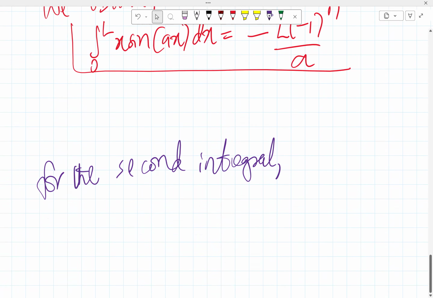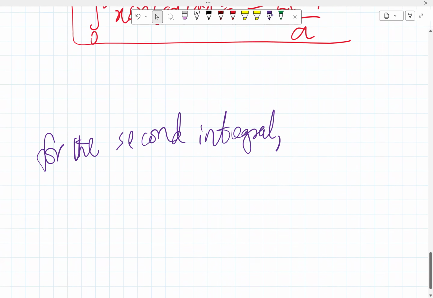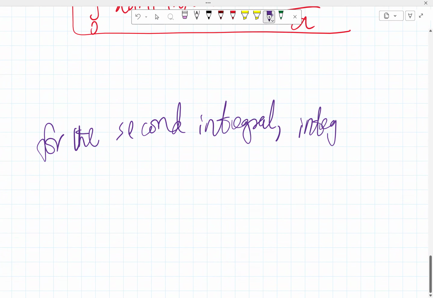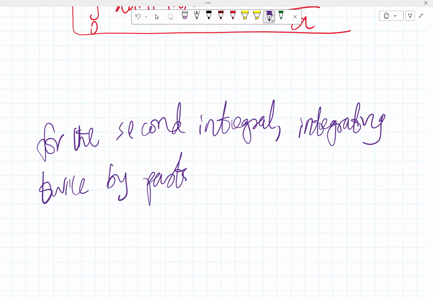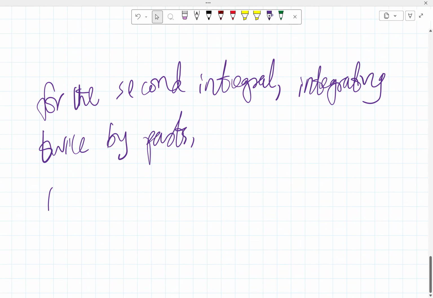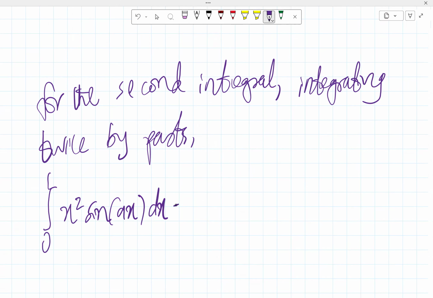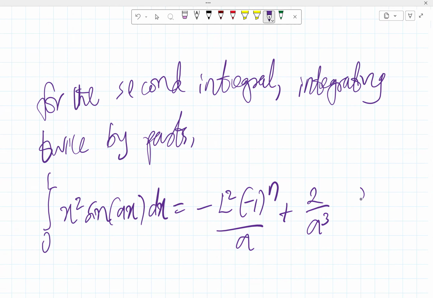So integrating twice by parts, we get this result, that integral from 0 to L of x squared sine ax dx will be equal to minus L squared into minus 1 raised to power n all over a plus 2 all over a cube into minus 1 raised to power n minus 1.